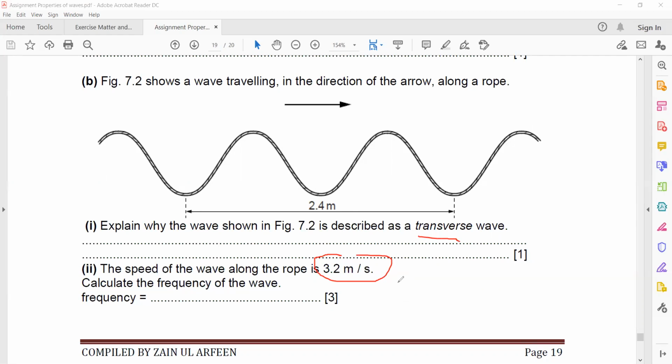To calculate the frequency, speed divided by wavelength. What is the speed? That is 3.2. But what about wavelength? What is the wavelength of this wave?